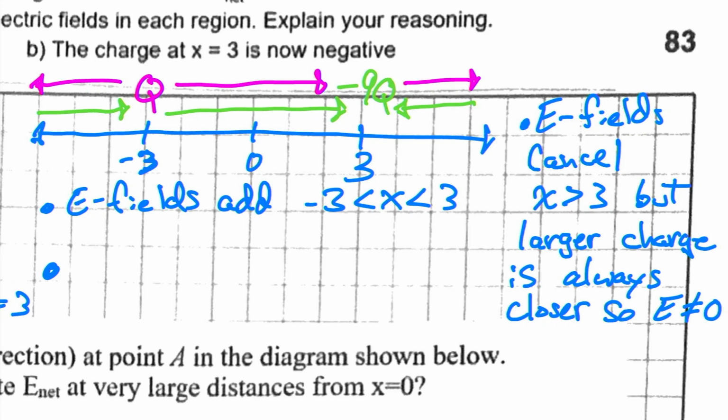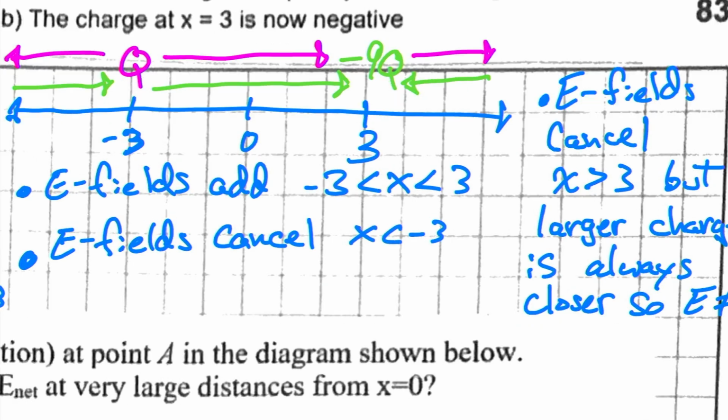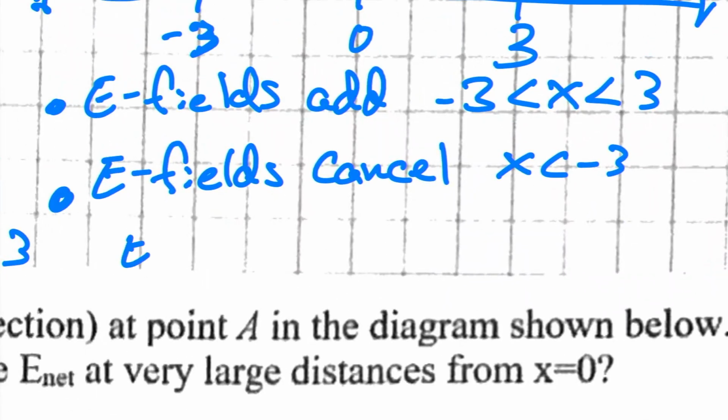And we can say there that the E fields cancel when x is less than -3. And we can even say that E equals 0 at x equals -6.